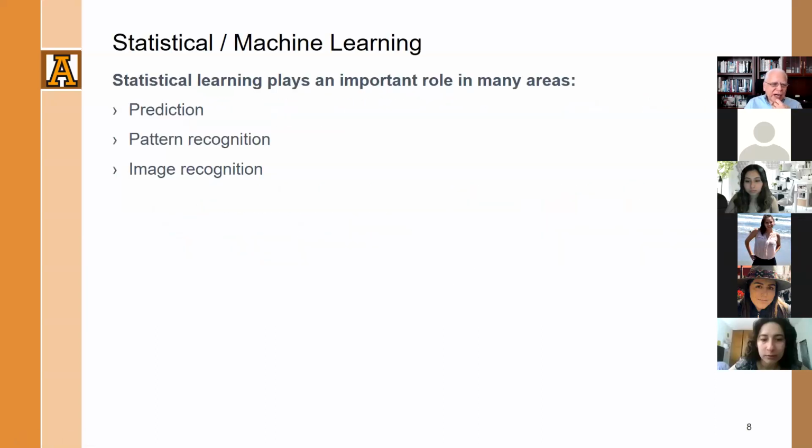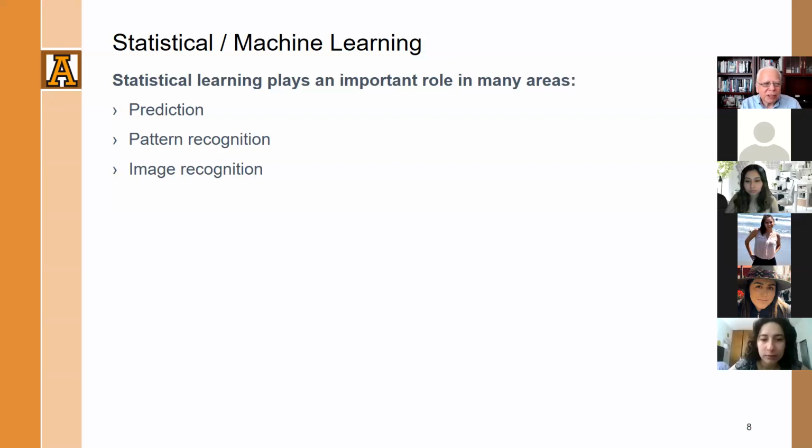Okay, now statistical or machine learning. The course is called multivariate analysis and machine learning. The term most people use is machine learning. Particularly engineers use machine learning. Statisticians like myself tend to use statistical learning more than machine learning, but we're a minority with respect to the number of engineers.